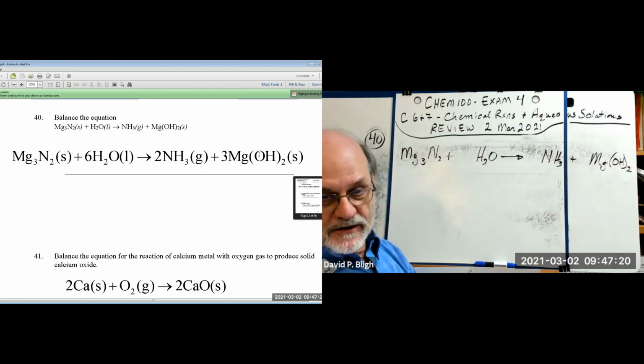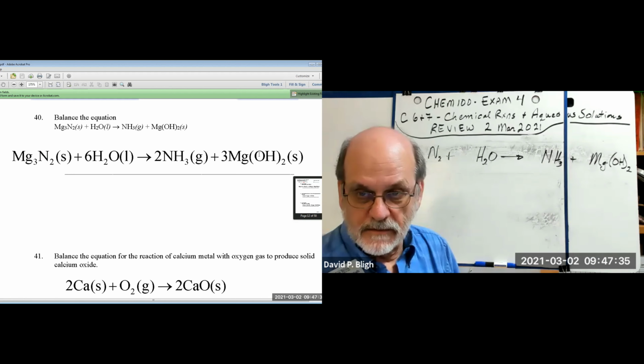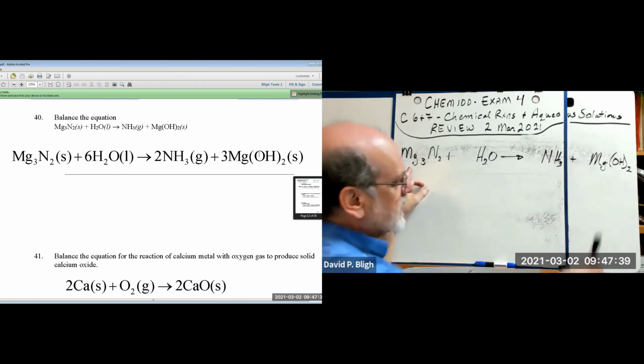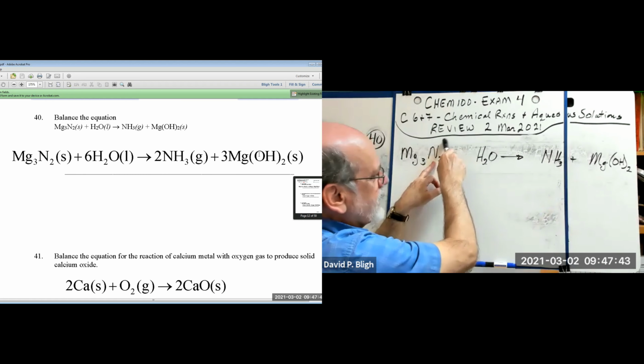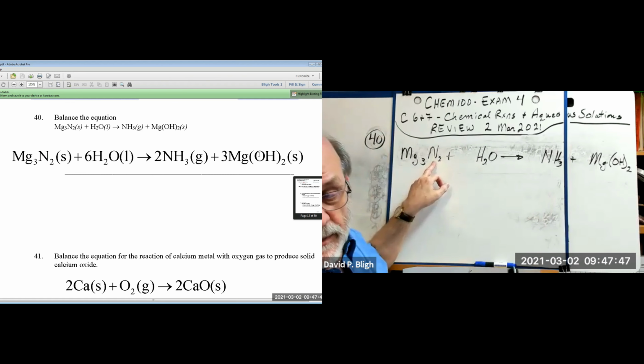Now we have to balance it. So let's take a look at it first. I don't see any changes in charges. In other words, this is not a redox reaction. Magnesium is the same on both sides, 2 plus. Nitride, nitrogen is -3, and here it's also a -3 because hydrogen is typically a +1.